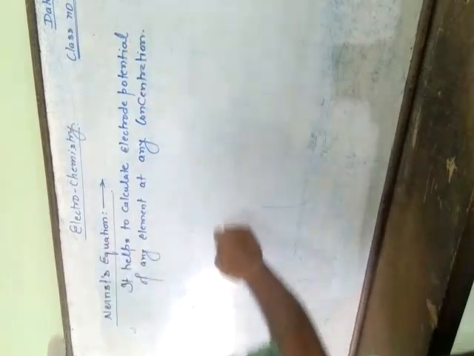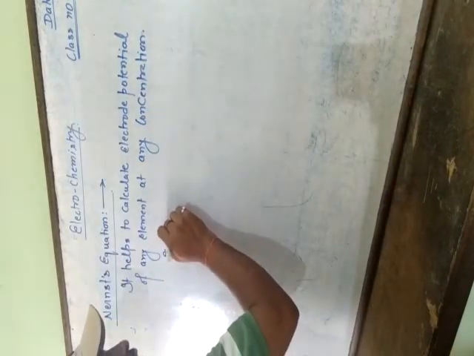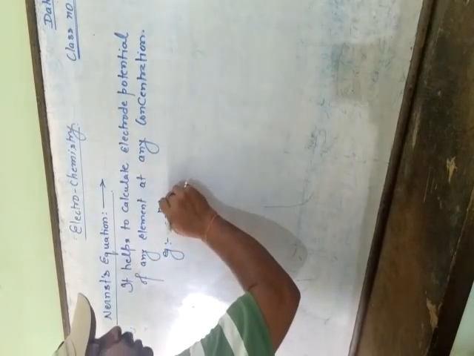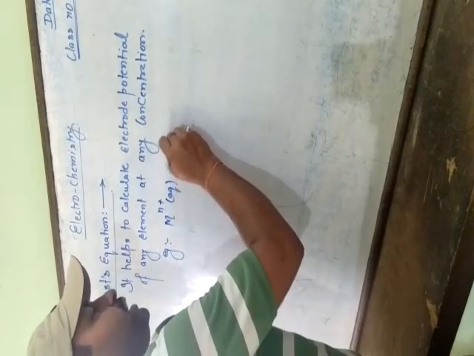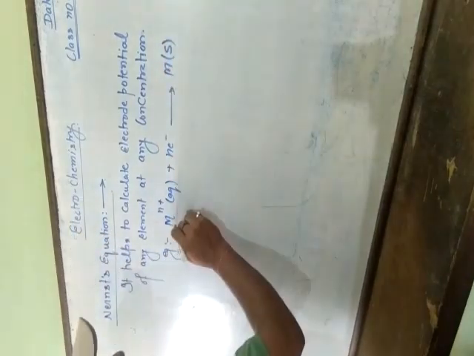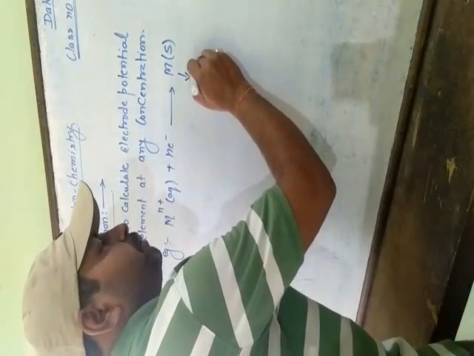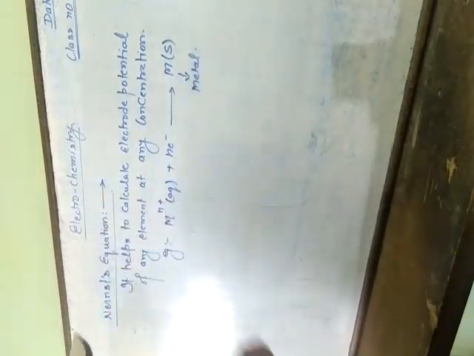So students, we take an example: M n+ aqueous gains n electrons to convert to M solid, where M is a metal.